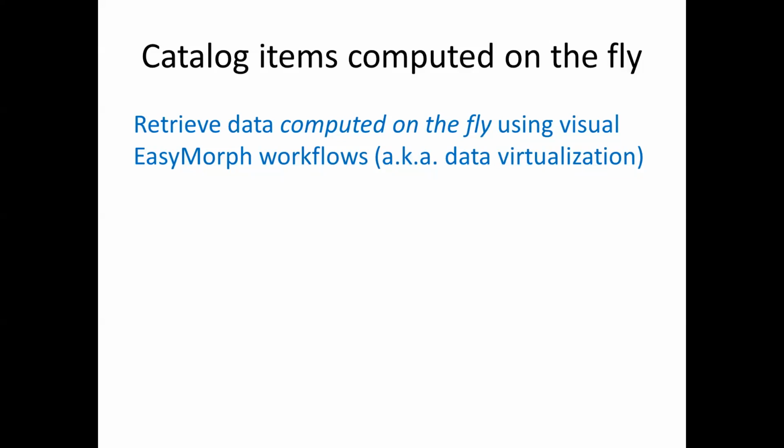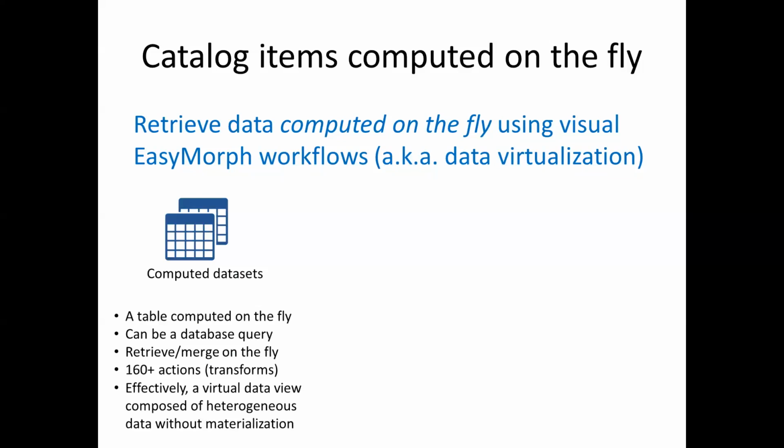The EasyMorph data catalog is designed for non-technical people. First of all, it's designed for retrieving data, and the data sets that it can provide can be computed on the fly. So they don't have to exist initially. The tables and tabular data sets that the catalog can provide can be computed on the fly using visual EasyMorph workflows. I will talk about them in a moment.